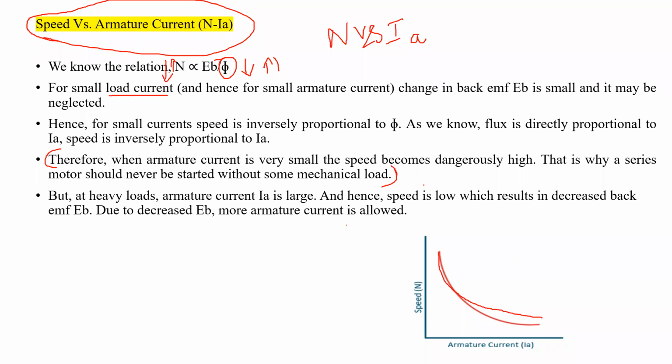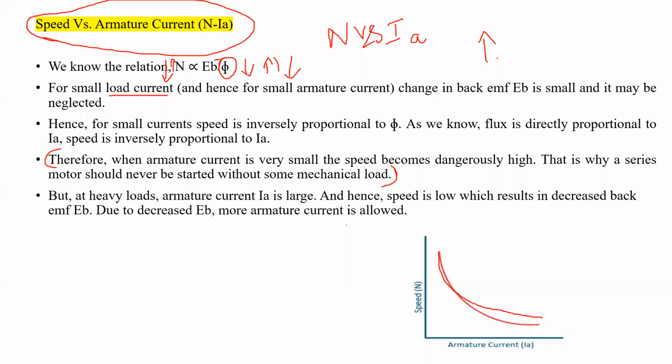When the armature current is neglected, the flux is only proportional to the field current, so we consider the field current only. If the flux decreases, the speed increases. If the flux decreases even more, the speed will increase even more, and the speed becomes infinite.